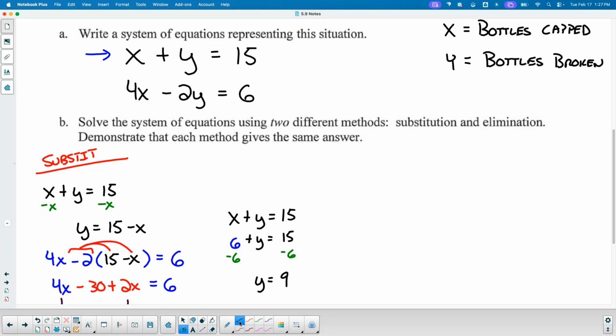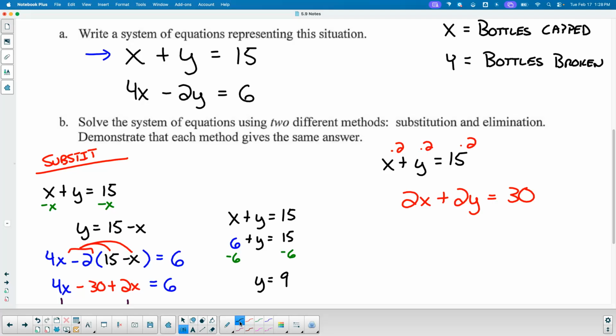Y. If I'm picking y, then I'm going to take x plus y equals 15, and I'm going to multiply everything in it by 2. And that would give me 2x plus 2y equals 30. Do we agree with that?